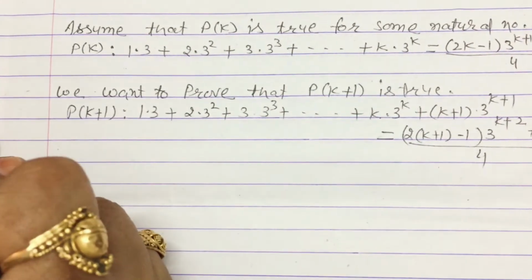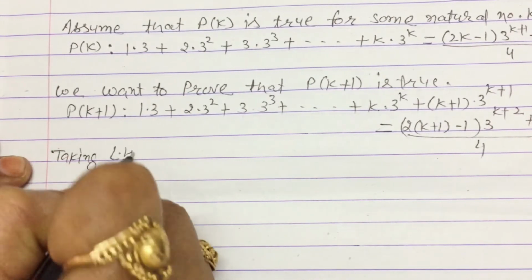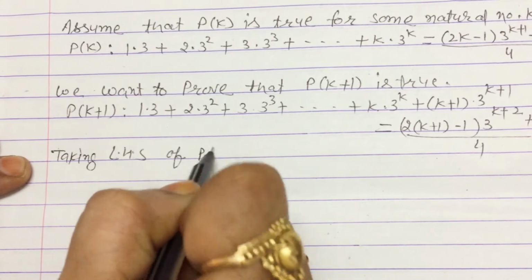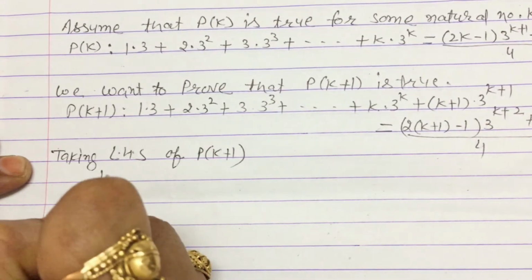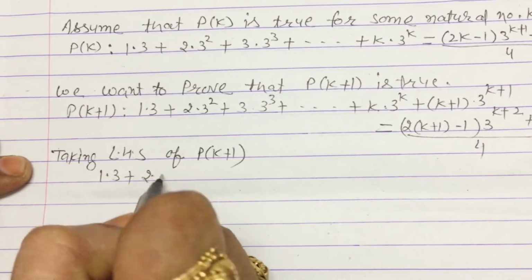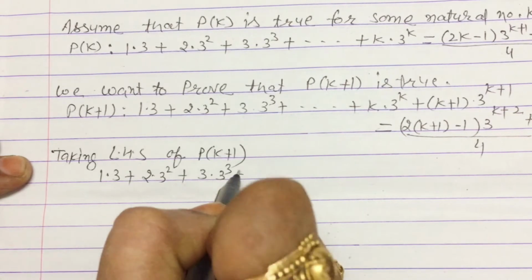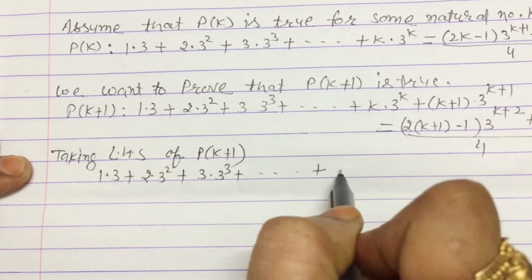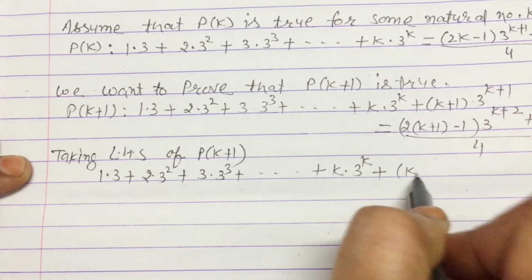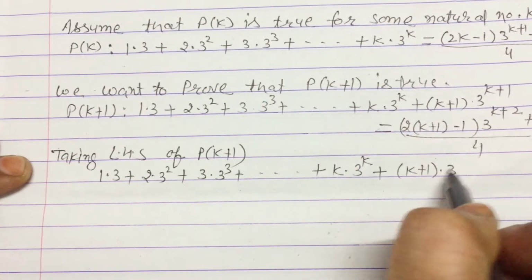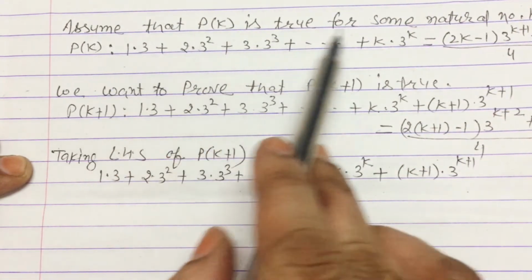Okay, so taking LHS of Pk plus 1, it is 1 into 3, 2 into 3 square, here 3 into 3 cube, plus k into 3 raised k plus (k plus 1) 3 raised k plus 1. Okay, and now use the equation 1.